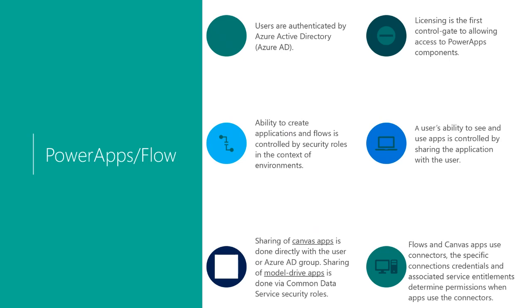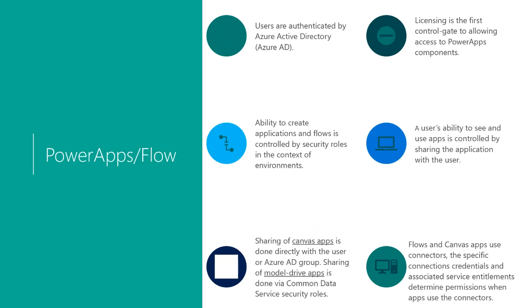And then, as we discussed, Environment Maker is a role which helps you to create flows and Power Apps. So the third gating process is whether you have a required role to create apps and flows. In general, I'm not going to talk about gateways and all of that, but the question is Power Apps and Flow, so we restrict the conversation to Power Apps and Flow.